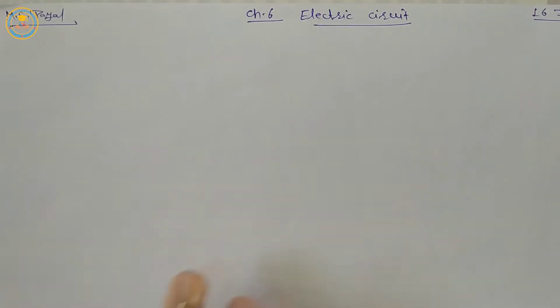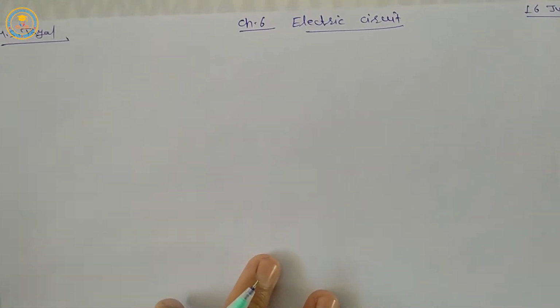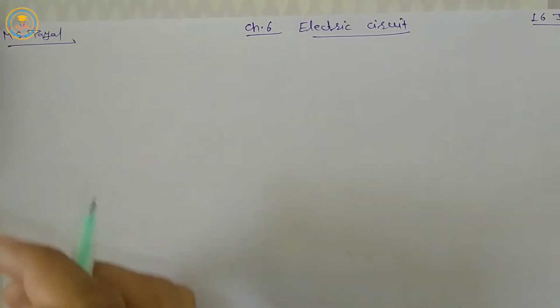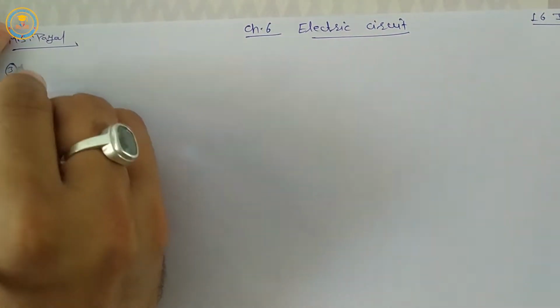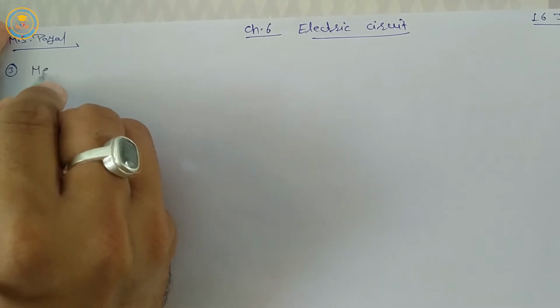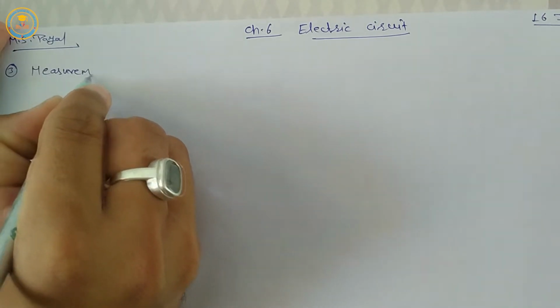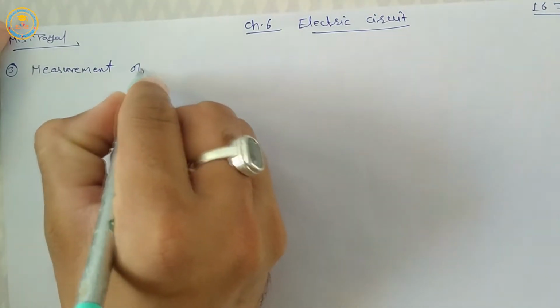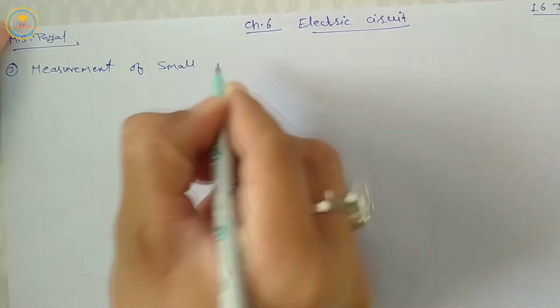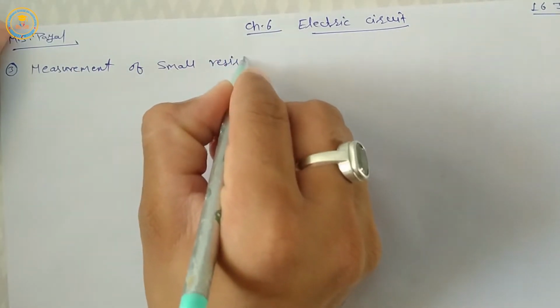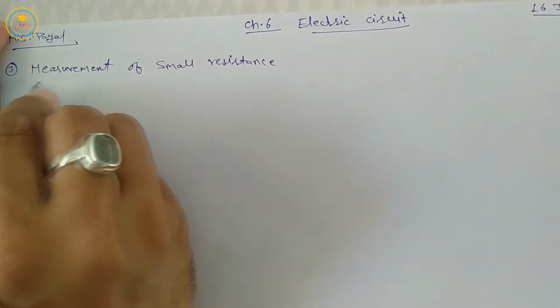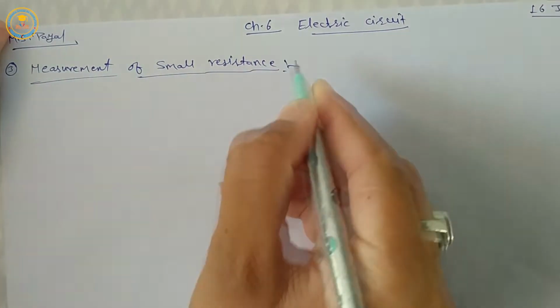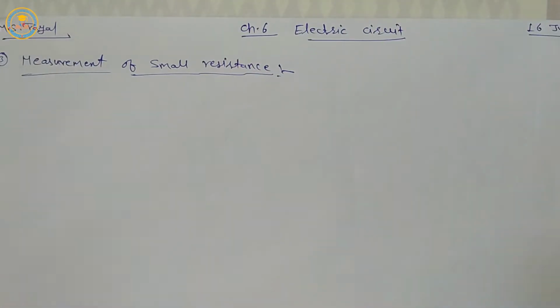Today, we are studying a new application, which is measurement of small resistance. Measurement of small resistance by the help of a potentiometer.